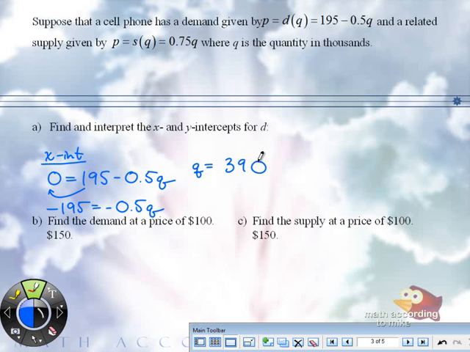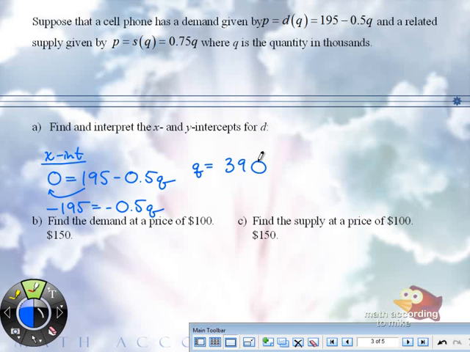When the price is 0, so when it's free, how many cell phones will sell? 390,000. It must be an iPhone, no one wants those.